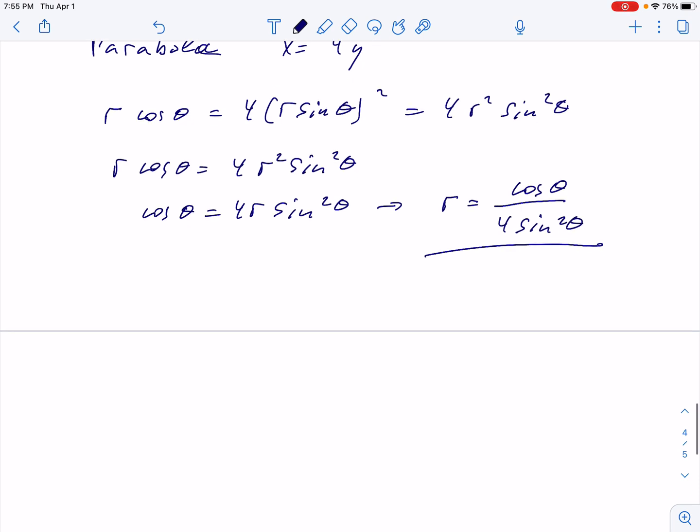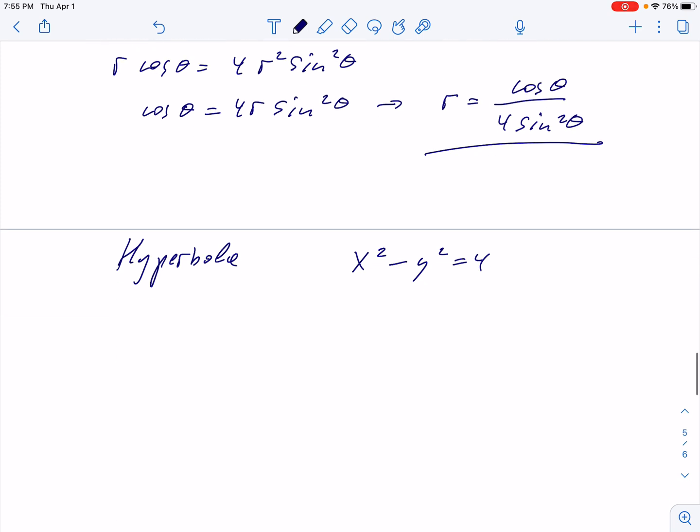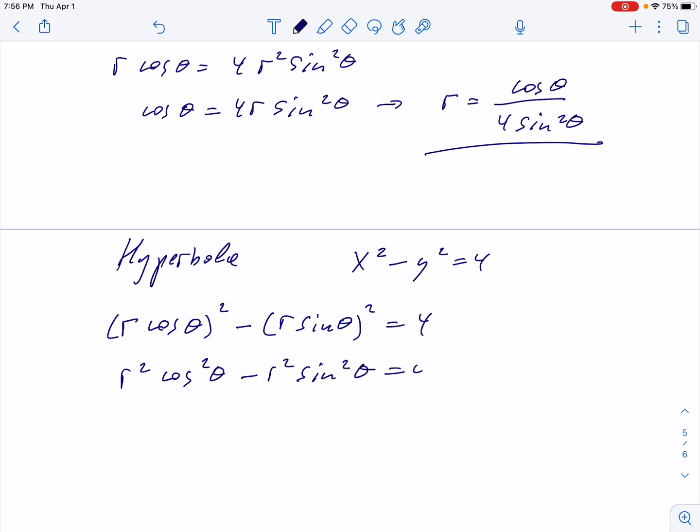Now let's look at one hyperbola. A very simple hyperbola: x squared minus y squared equals 4. Again, replacing x and y by the polar coordinates, we have (r cosine theta) squared minus (r sine theta) squared equals 4. R squared cosine squared theta minus r squared sine squared theta equals 4.